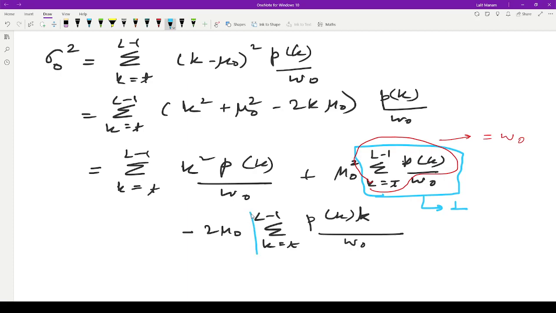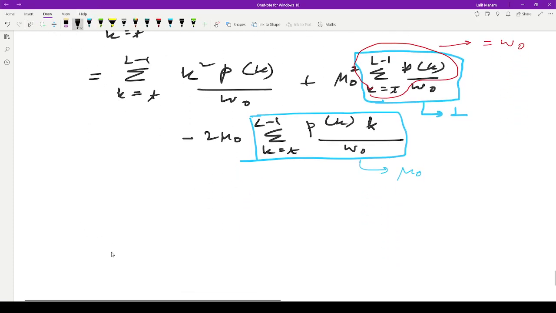And what about this expression? What is this equal to? Mu naught. Yeah, exactly. This is mu naught. That's how we define mu naught, right?